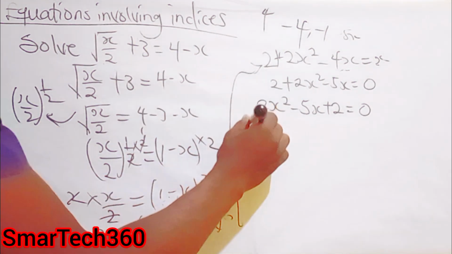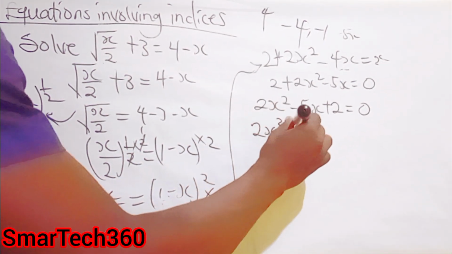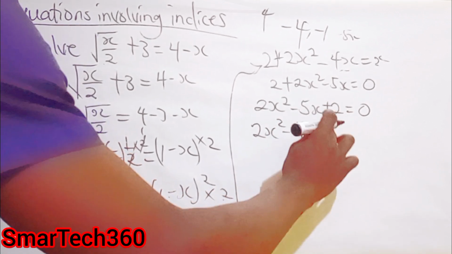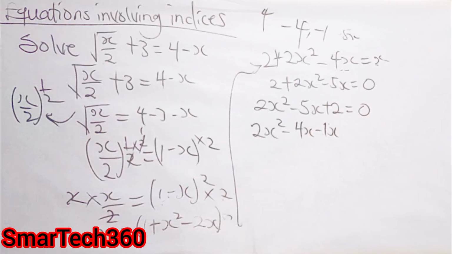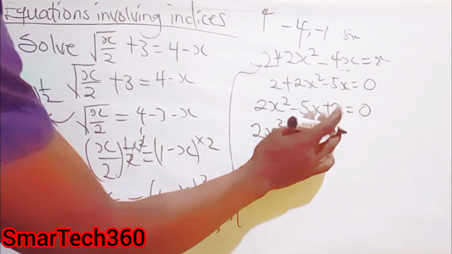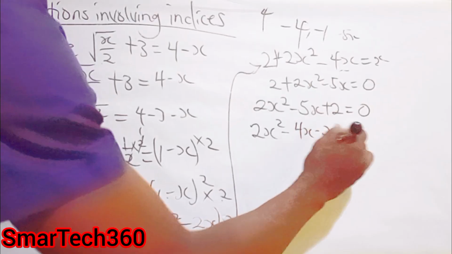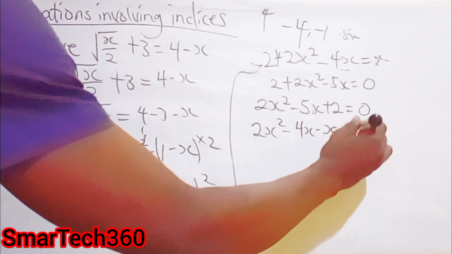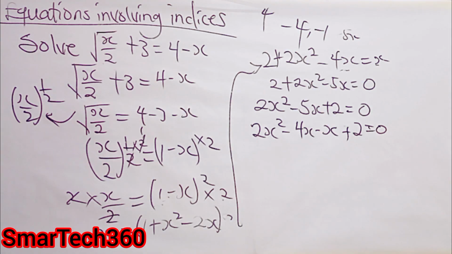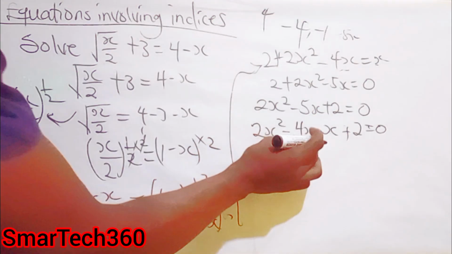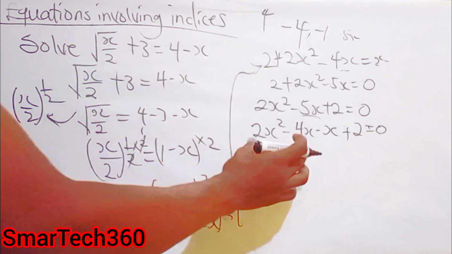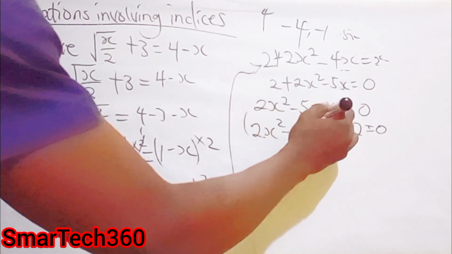So we have 2x squared minus 4x minus 1x. But because it's mathematics, we don't indicate the 1, so we put x there, then plus our 2 equal to 0. Realize that if we add this to that, we get our 5 here. So we continue, put them in brackets.